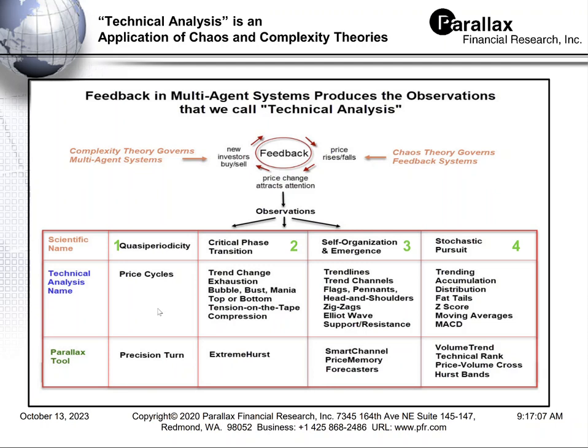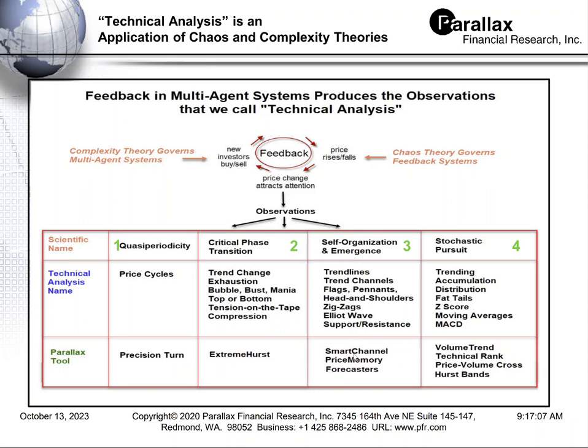the underlying theories. So what we call Precision Turn is our cycle tool that's more focused on the underlying theory. Extreme Hurst is focused on these critical phase transitions, and we'll get into that.